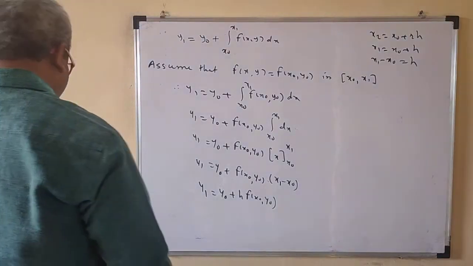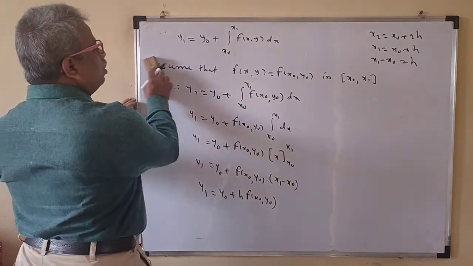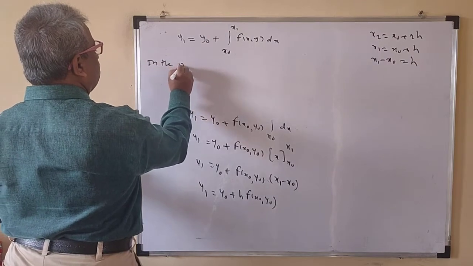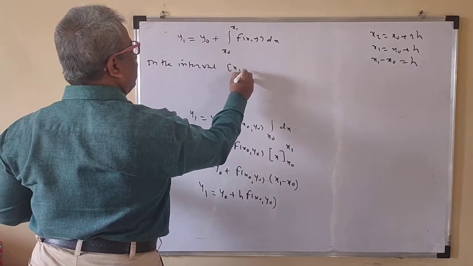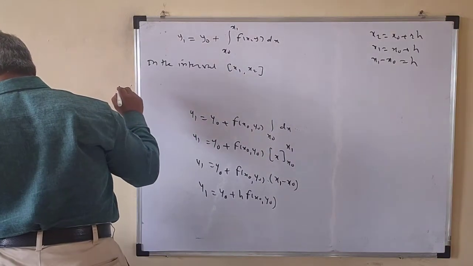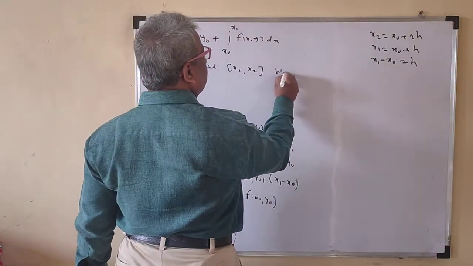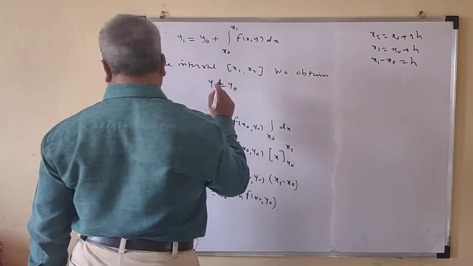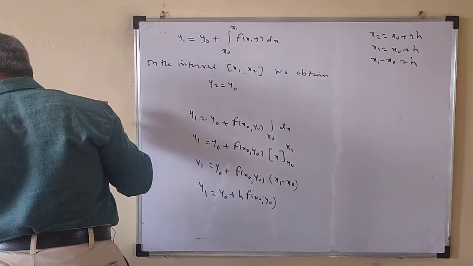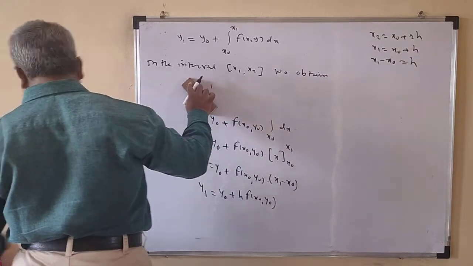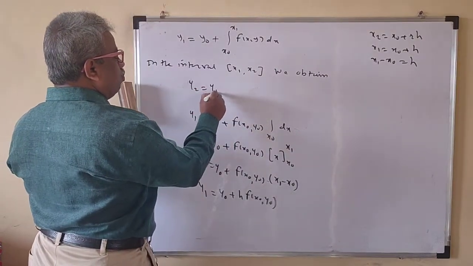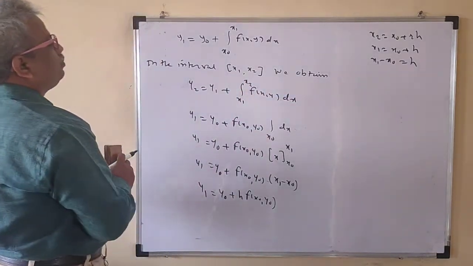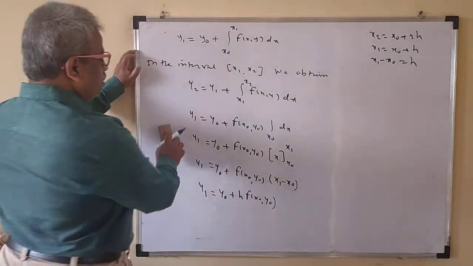Now we solve in the second interval. In the interval [x1, x2], we obtain y2 = y1 + the integral from x1 to x2 of f(x, y) dx.